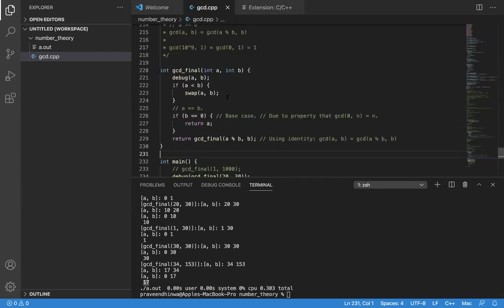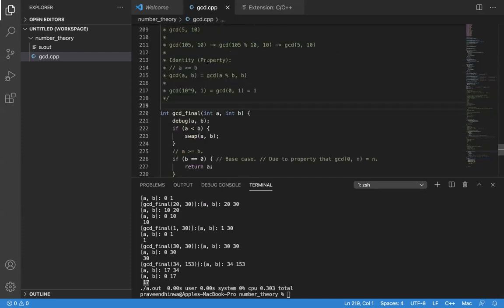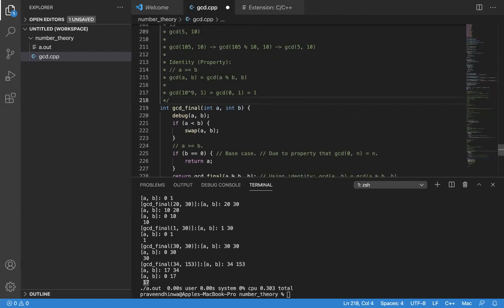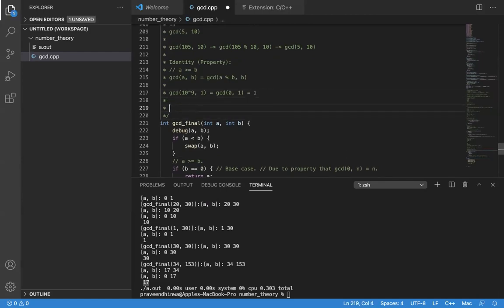This function that we have here runs considerably faster, and the time complexity of this function is order of log of maximum of a comma b. So whatever your numbers a comma b are, let's say 10 power 9, its time complexity is log of 10 power 9.